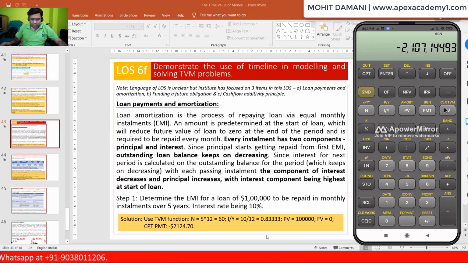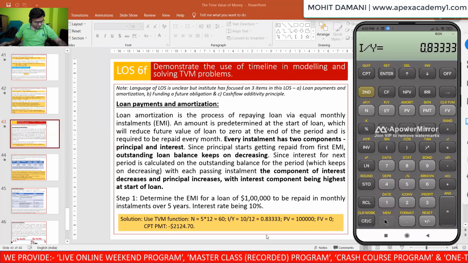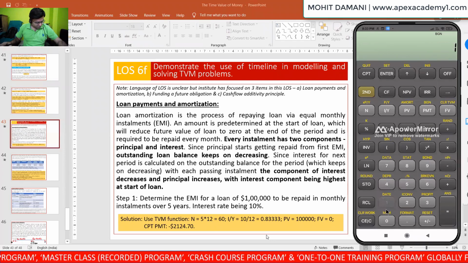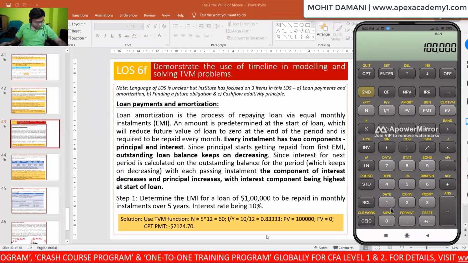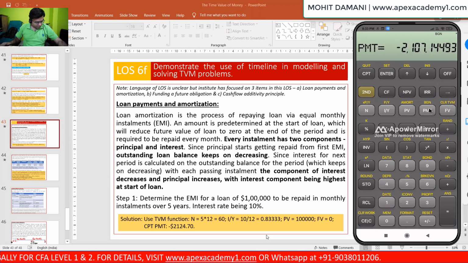It's not matching. One second. 60 is n. 10 by 12 is, I think I have taken it in my calculation as 0.83. One second. I/Y, 0 FV, 100,000 PV, compute PMT.